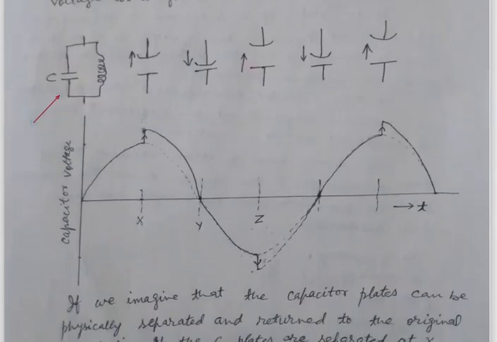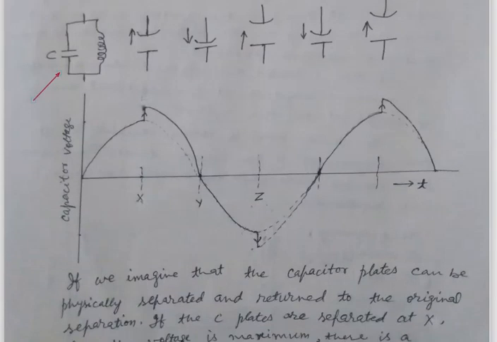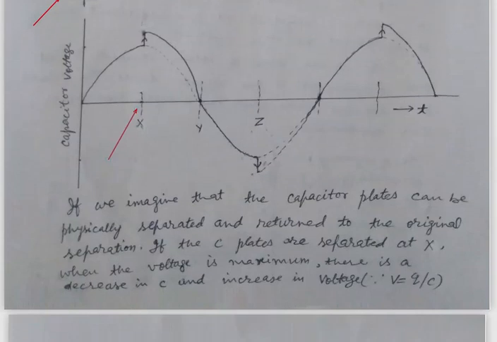If we assume a physical mechanism by which we can vary the spacing between the capacitor plates, now if the capacitor plates are pulled apart when the voltage across the plates is maximum, as is shown at the point X, then as we increase the spacing between the plates, the capacitance will decrease, and by the relation V equal to Q upon C, the voltage across the plates is increased.